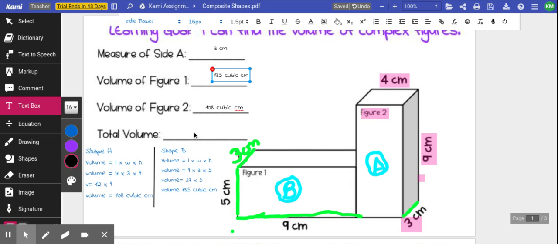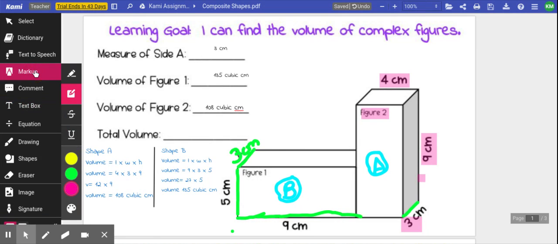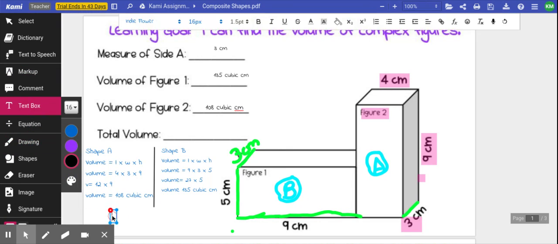And now we're going to figure out the total volume of this shape, right? So in order to figure out the total volume, we'll have to add shape A, and we'll highlight it to show that's what we're going to add. We're going to add the volume of shape A with the volume of shape B together. So let's go ahead and add that together.